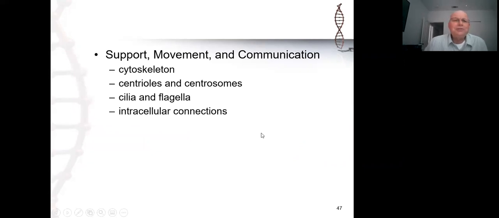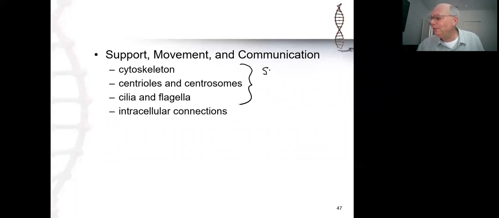So let's get into this last group of organelles so we can finish up for this presentation. So this is our catch-all group. Everything that fits in here doesn't fit into any of the other three groups that we've talked about. So we've got support, we've got movement, we've got communication. And in fact, support and movement are tied together: the cytoskeleton, centrioles and centrosomes, the cilia and flagella.